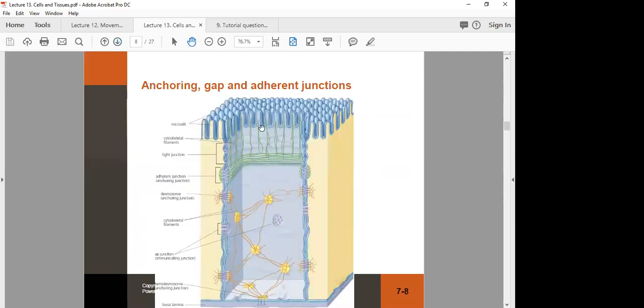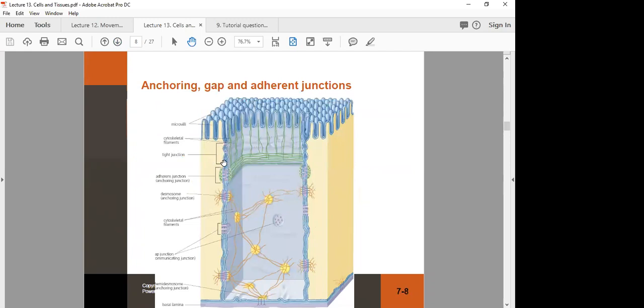All right, that's illustrated here. So here we have one epithelial cell of the intestine, and it's obviously been cut away so that we can see the inside of the cell. Here's an adjacent cell, or part of it, and part of an adjacent cell on this side also. So let's look at the junctions.